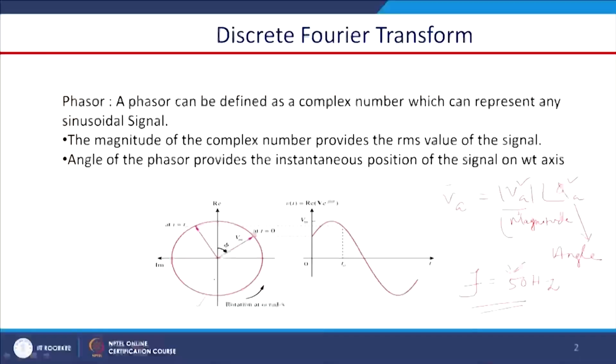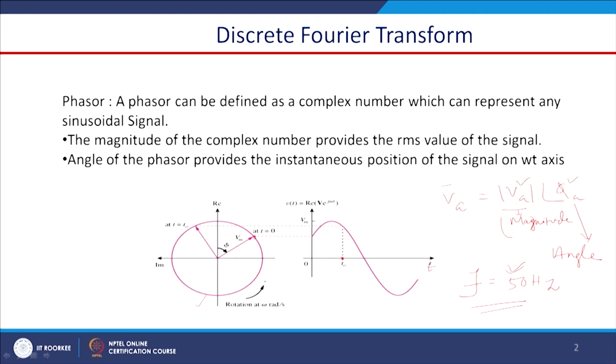If you see this picture, here we have taken one phasor Vm at t equal to 0. This is the rotational plane and this is our sinusoidal plane, where along the x axis we have the time axis t, and here is our magnitude Vm. t0 is the starting point of the phasor.